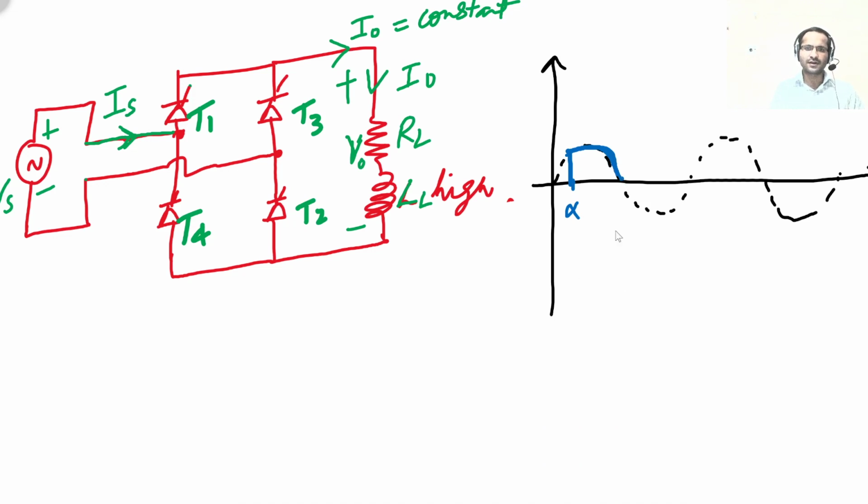One more important thing to note here is that since a large inductance is connected at the output side, it will not allow sudden change in output current. Since current is not changing and it is continuous, all the thyristors will continuously conduct in the first mode.